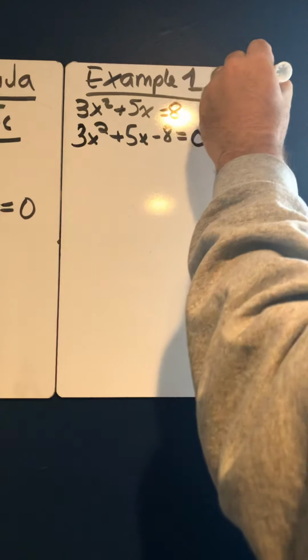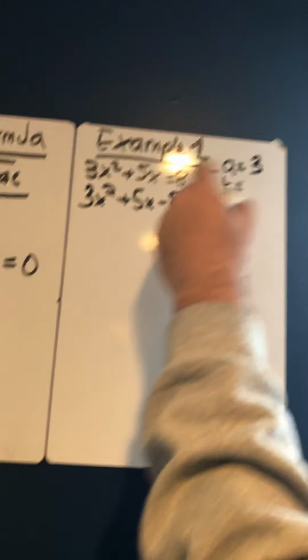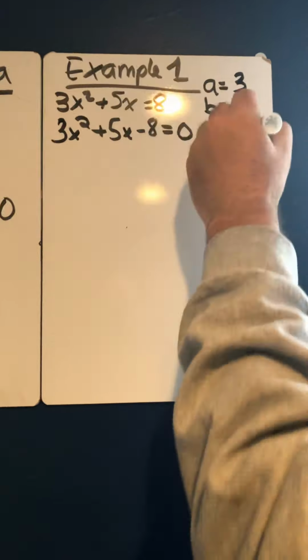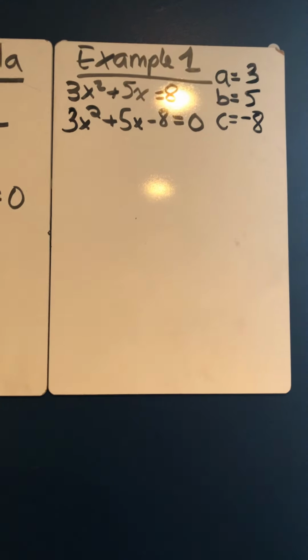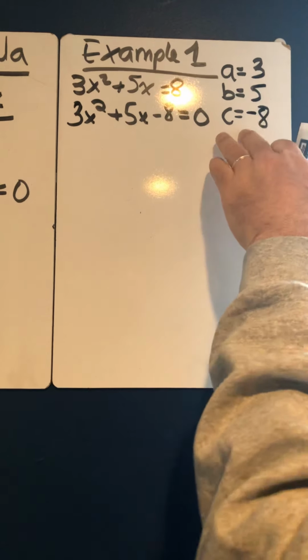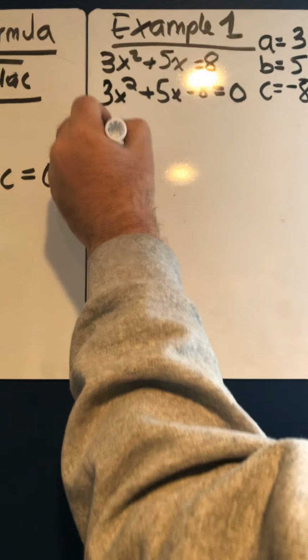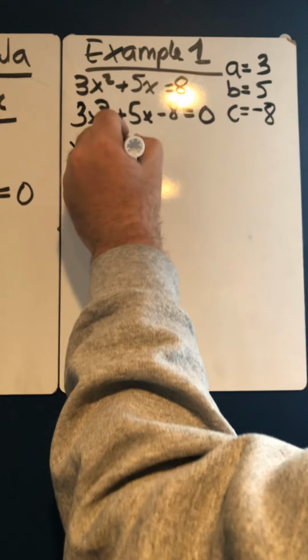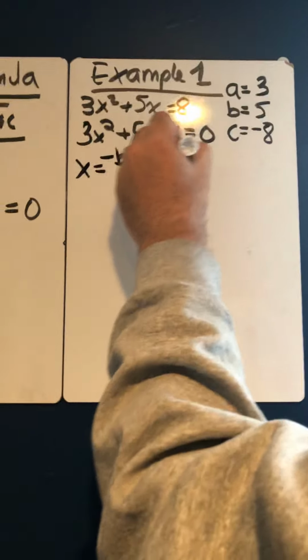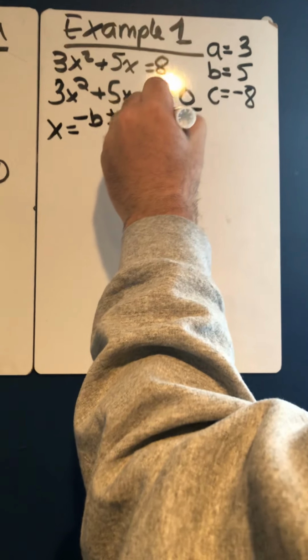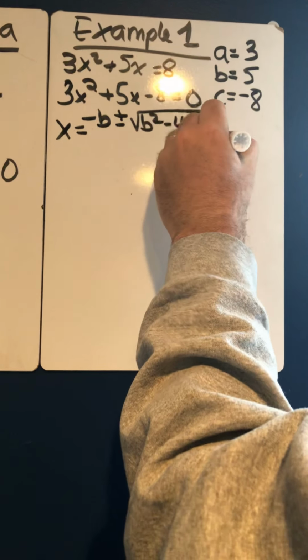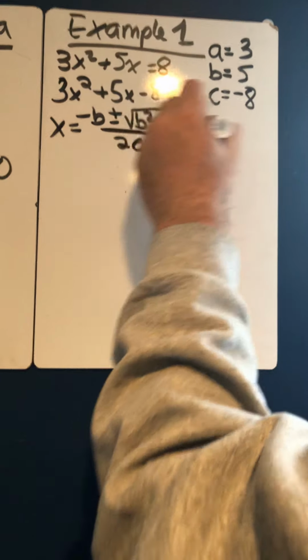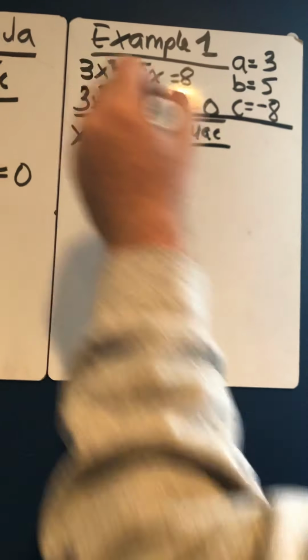So a is 3, it's the coefficient of x squared, b is 5, and c is negative 8. What you're going to do is take these values and plug them into the formula: negative b plus or minus the square root of b squared minus 4ac, all over 2a.